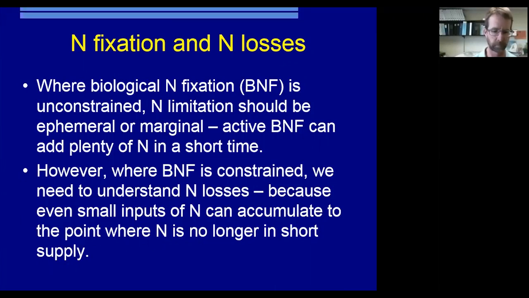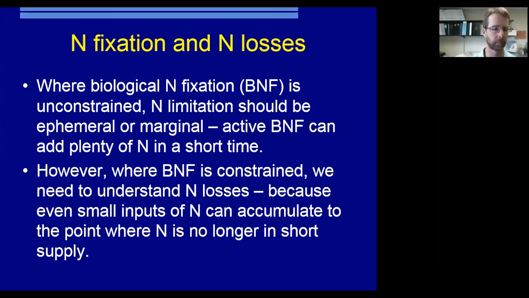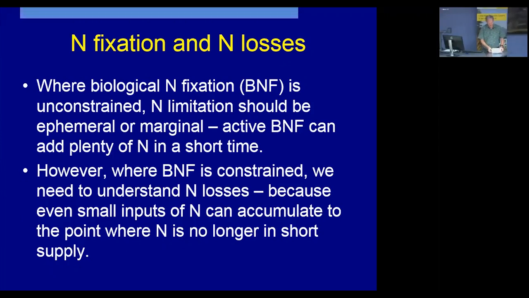I want to look at another side of the equation and look at nitrogen losses from ecosystems. They matter because where biological nitrogen fixation is unconstrained, where it can respond to deficiencies in nitrogen and really fix actively and add a lot of nitrogen to ecosystems, that's capable of blowing away any limitation.